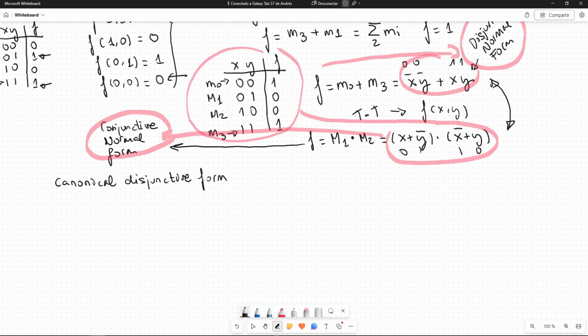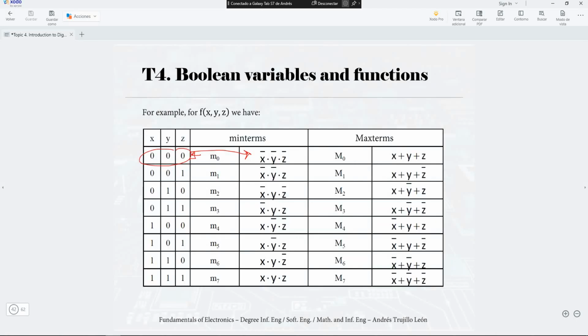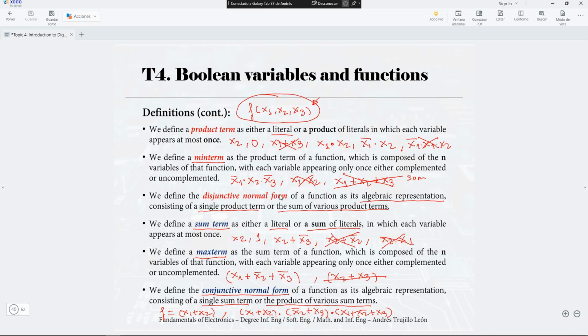And this is going to be a disjunctive form in which all the terms that appear are minterms, not product terms. If you remember the definition, the disjunctive normal form is a sum of product terms, and the conjunctive normal form is the product of various sum terms.